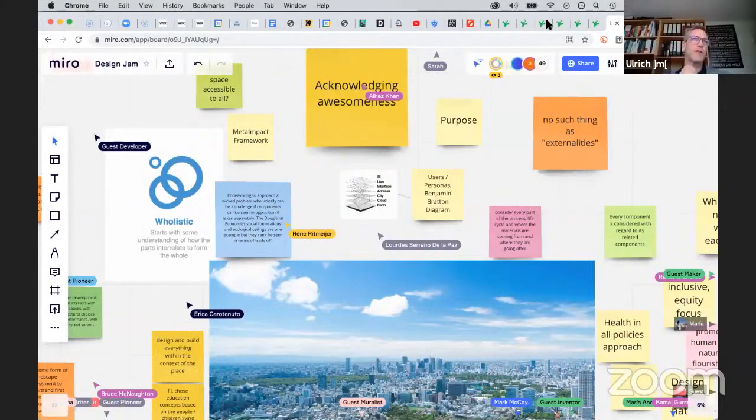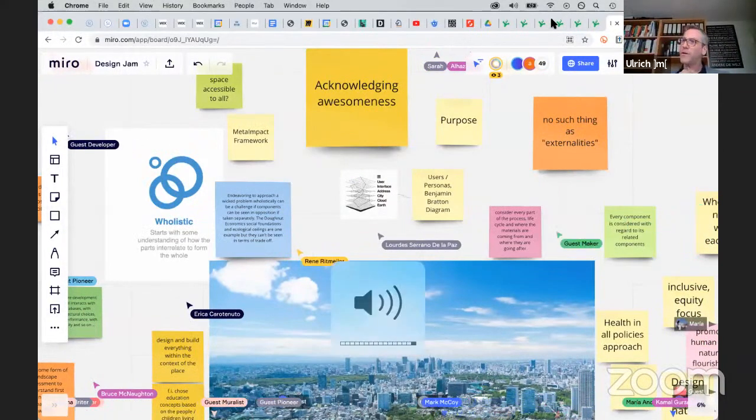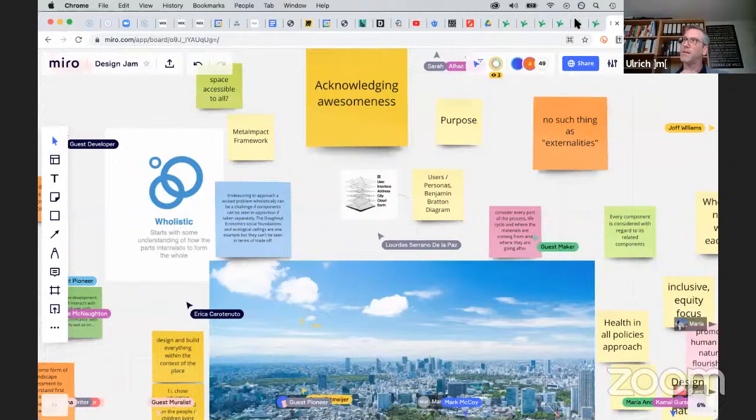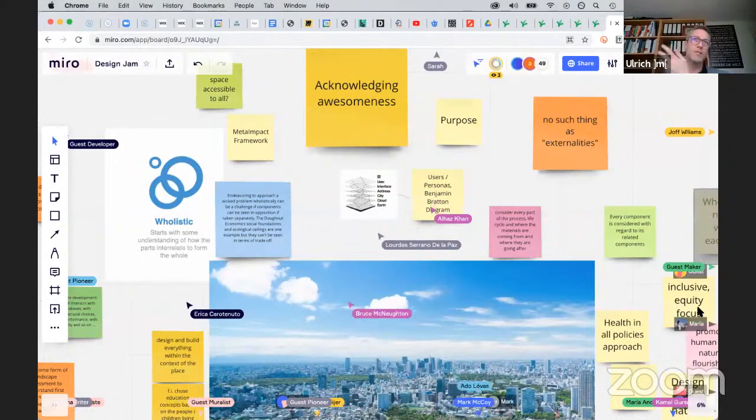Yeah, Meta Impact is a framework where you basically get the help of multiple dimensions.